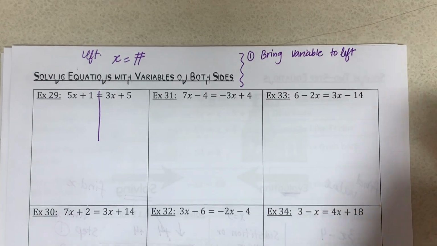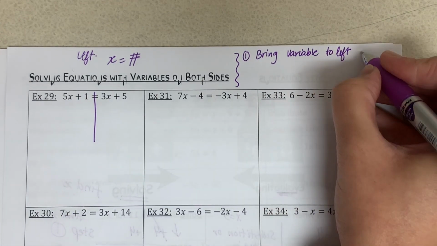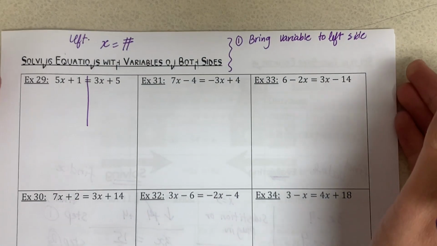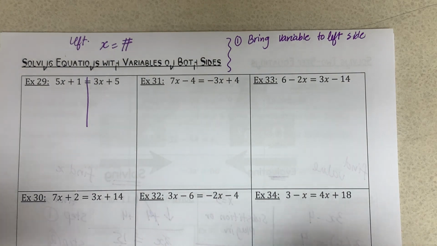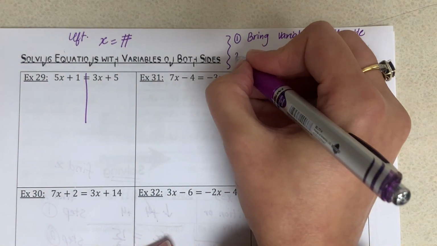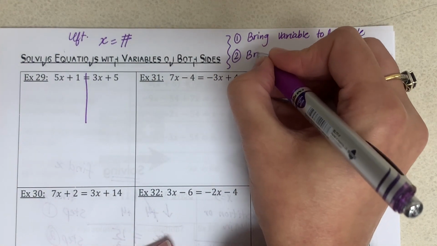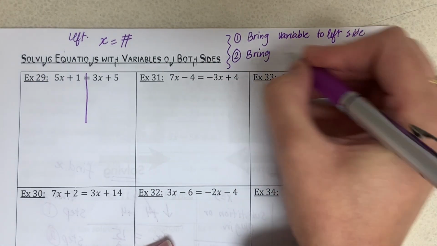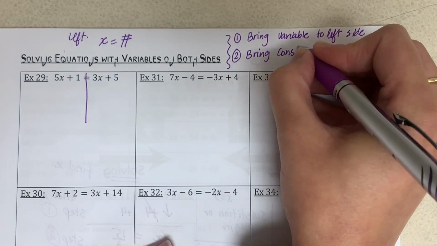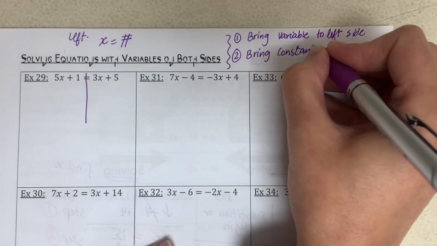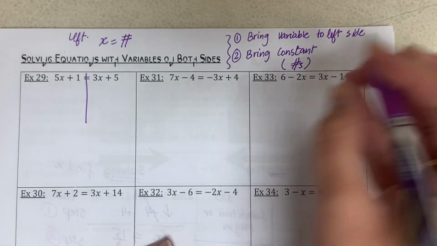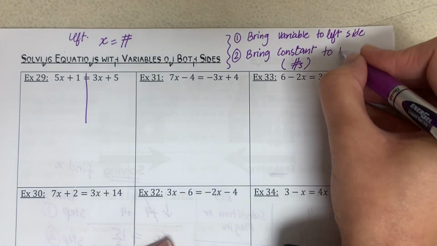If I have a variable on the right, I will bring the variable to the left side of the equal sign by doing the opposite operation. Of course, when you go left to right, it's the opposite operation. And the second step will be bring the number or constant. Constants are just the numbers. Bring the constant to the right side.